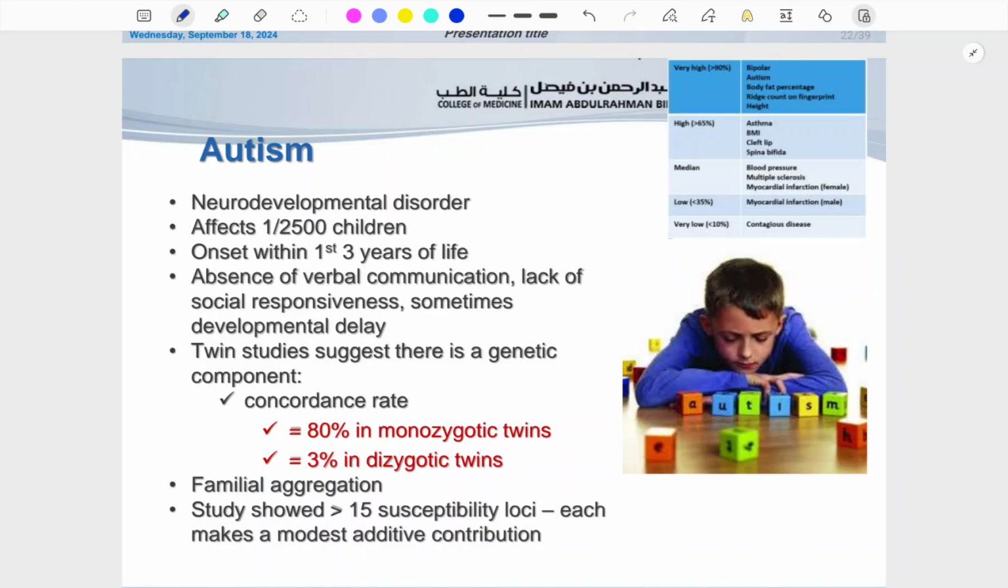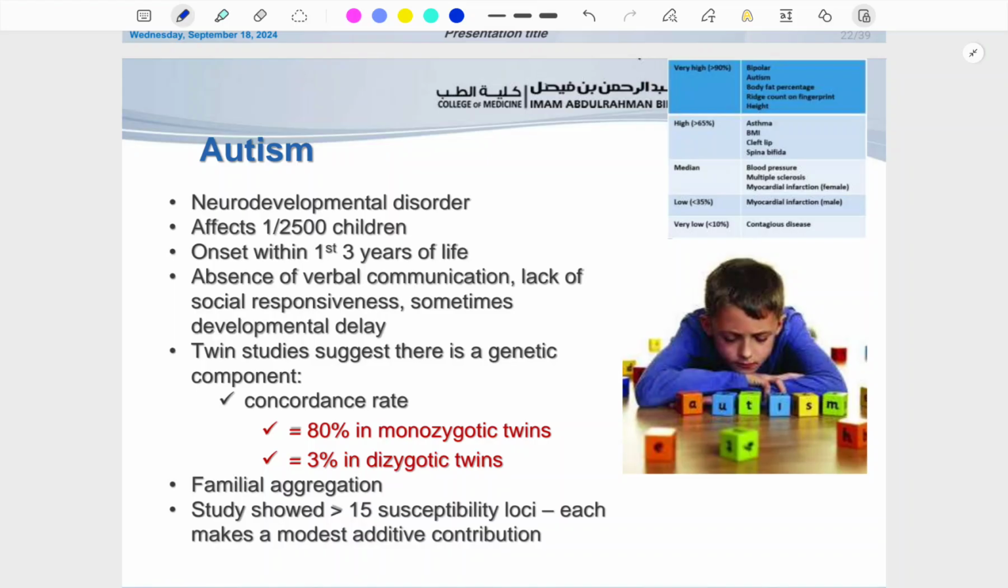In dizygotic twins, concordance is 3%, which shows you it is mainly genetic rather than environmental, though you need environmental as well. I'm talking about autism now. Which one is the highest influence? In this case, familial aggregation, which shows you it is in the family, therefore it must be genetic.